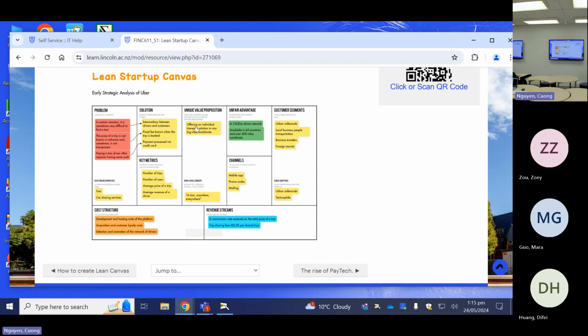So here, what they listed is offering an individual transport solution in any big city worldwide. Individual transport, or personalized transportation.